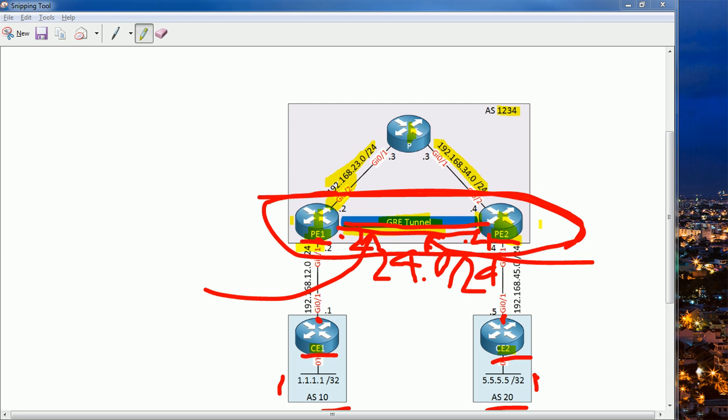Our configuration now is normally complete, so let's do verification. I will do a ping from C1 to C2.